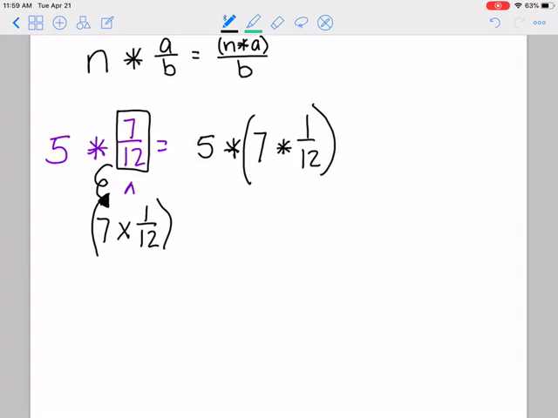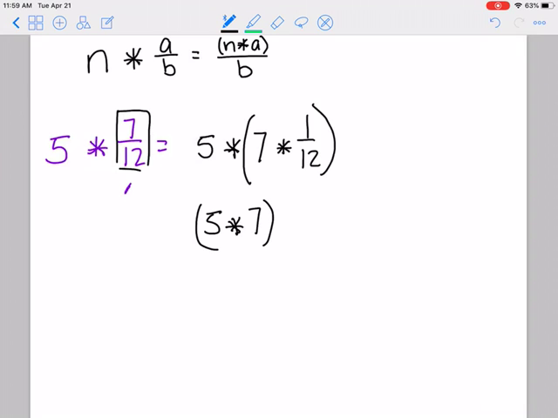And now I'm going to solve. I'm going to do the whole numbers. So 5 times 7 times 1/12. And I know 5 times 7 is 35 times 1/12. And you should get 35 twelfths.